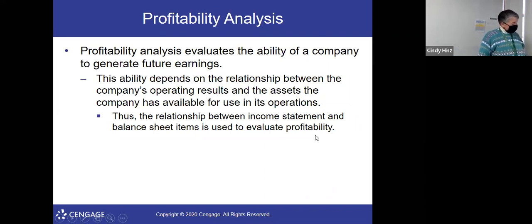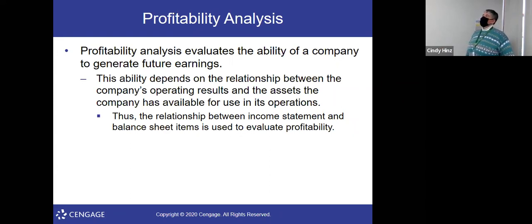In exercise 8, we're going to be looking at 3 different calculations: return on total assets, return on stockholders' equity, and return on common stockholders' equity for a company that would have also preferred stock. If the company does not have common and preferred stock, there would be no difference between those 2 calculations.